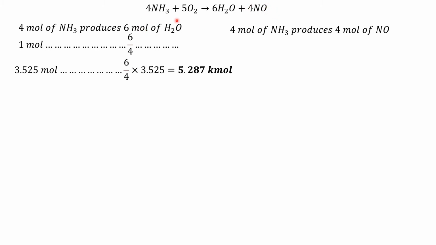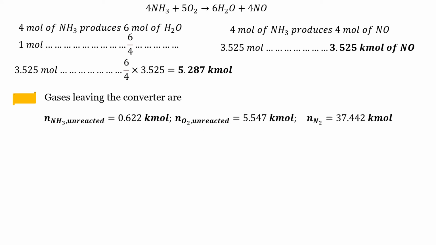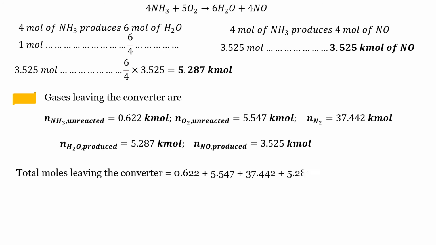So 4 moles of NH3 produces 4 moles of NO. So 3.525 mole will produce the same moles of NO. So we can write the composition of gases leaving the converter are unreacted ammonia and unreacted O2 and unreacted nitrogen, because nitrogen is inert, and further water is produced and NO is produced. So these are the composition of leaving gases.